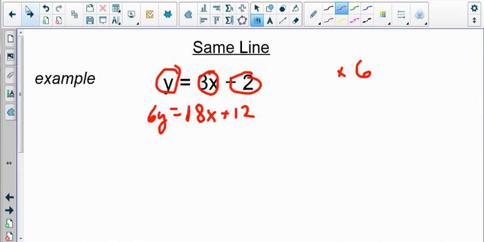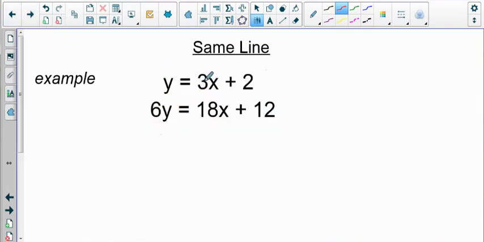So there's your example. I promise you, if you plotted these, they would both be on the same line. If you did an XY table on both of these, they both have to be on the same line. This one will not simplify, but this one, I divide everything by 6. If I divided everything by 6, it would be the same line. These are the same line. They both simplify down to the same equation.